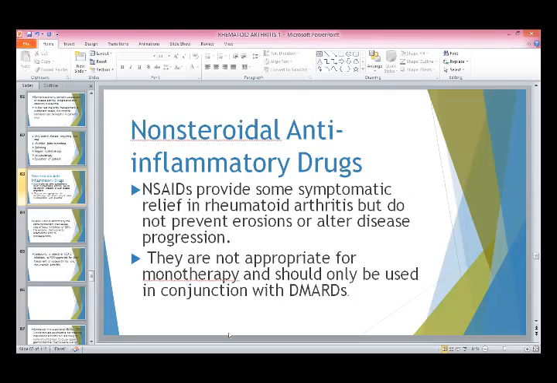Most commonly used NSAIDs are ibuprofen, mefenamic acid, diclofenac, Voltaren is the trade name, and naproxen, the trade name is Flexin. Some patients respond to diclofenac sodium, some respond to naproxen. So there is great individual patient variation with NSAID use.